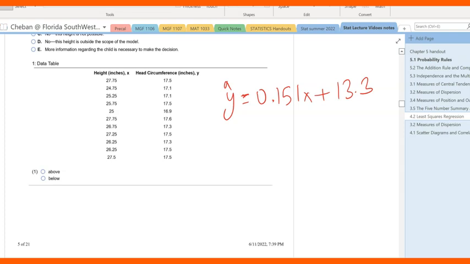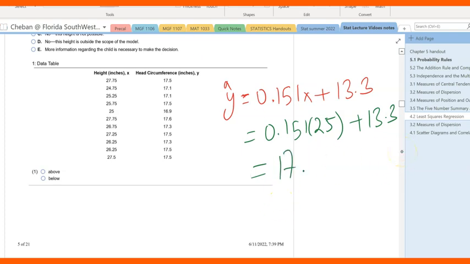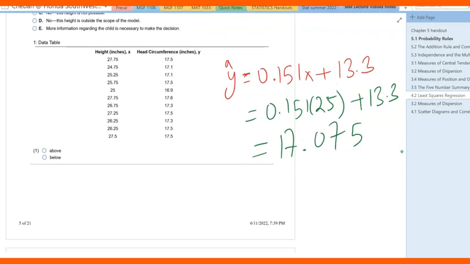You put 25 into the equation: 0.151 times 25 plus 13.3. Using the calculator, you get 17.075, and rounded to 2 decimal places it is 17.08. That's the predicted value y hat, 17.08.